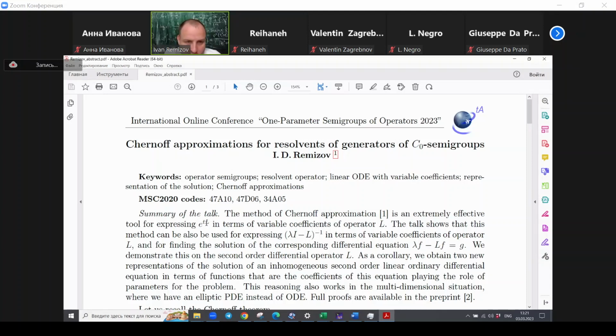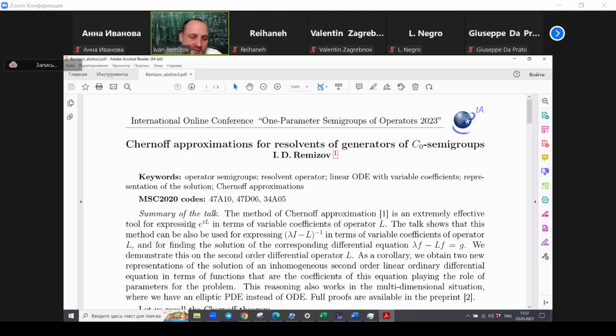So here, in that notation, I use this to show that L is an infinitesimal generator of a C0 semigroup, which I denote with e to the power tL. And expressing the exponent of the operator tL in terms of coefficients of operator L is not an easy task, because the formula is not applicable directly, because you cannot use power series.